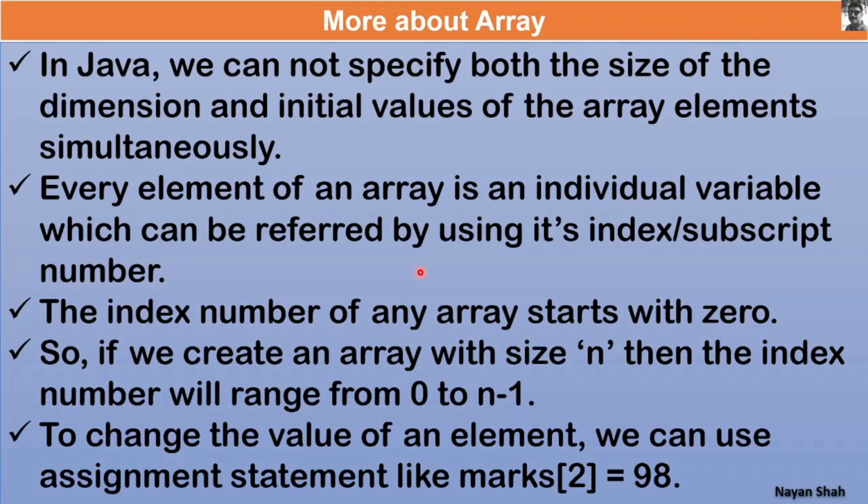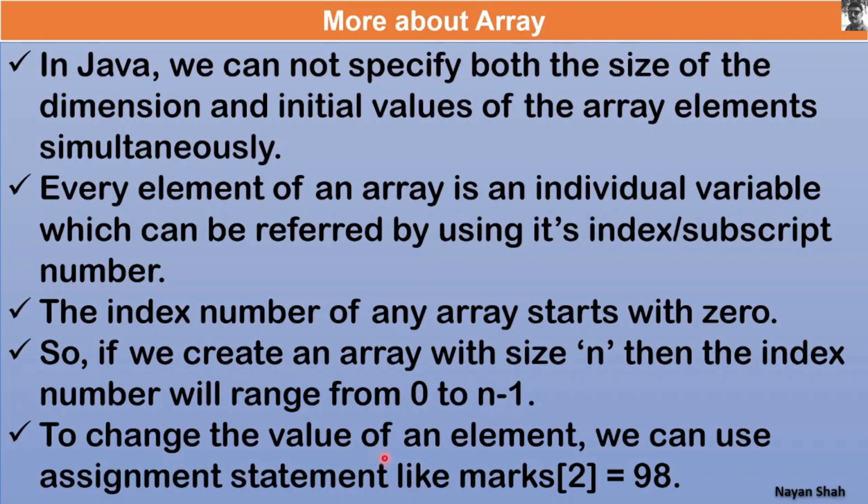So if you have an array with the name age and with size 15, then the index number will be from age of 0 to age of 14. So the index number of any array starts with 0. So if we create an array with size n, then the index number will range from 0 to n minus 1.